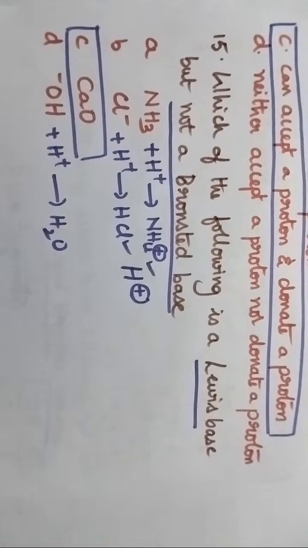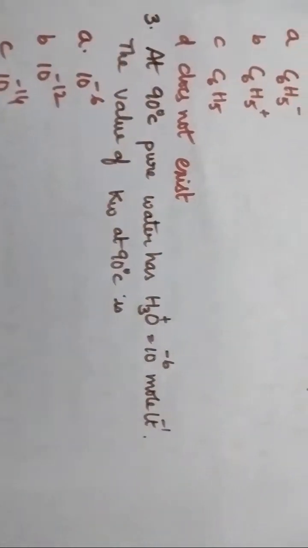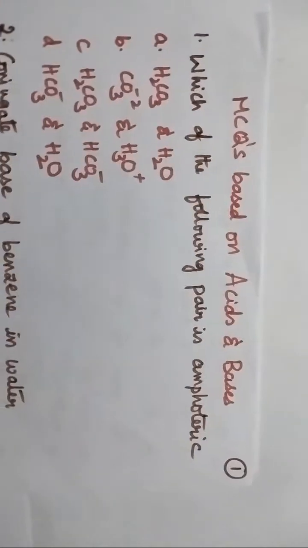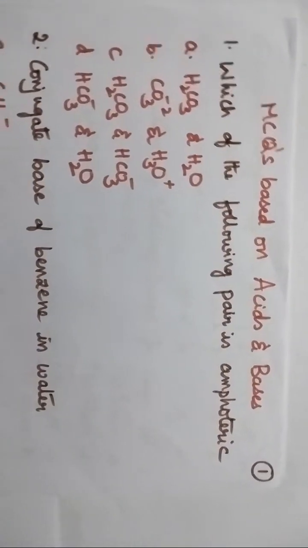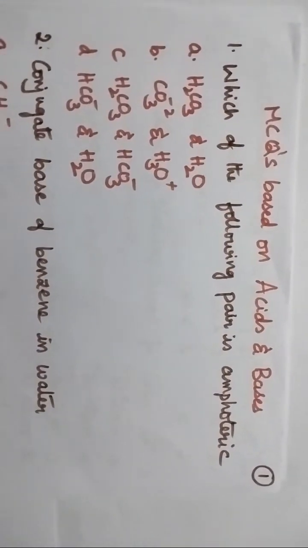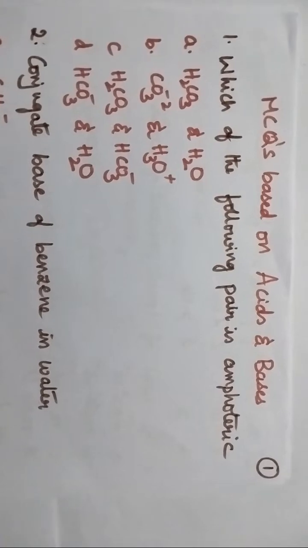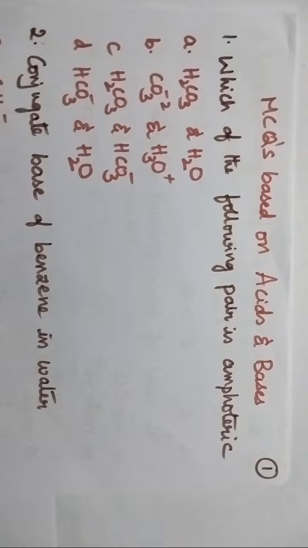Okay. Till now we discussed the multiple choice questions based upon the Bronsted and Lowry theory. And now it's time to discuss the multiple choice questions based upon acids and bases, in particular based upon the ionic product of water, pH and buffer solutions. Are you ready?